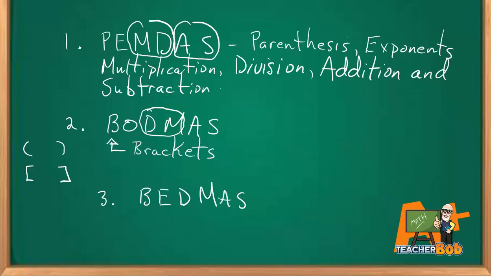And in this case, the B is for brackets, E is for exponents, then we have division and multiplication, and addition and subtraction. So they all give you the same order to do our different operations in.